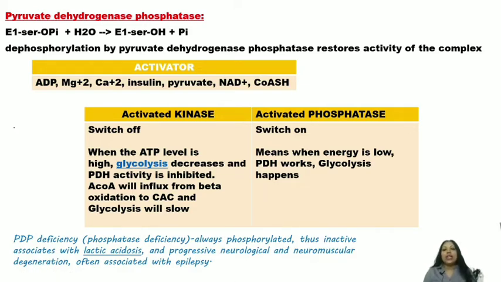For that we need NAD+ to regenerate, and for that we need lactic acid dehydrogenase to come and do this role. As a byproduct of that reaction, lactic acid is formed in the cell. So, if PDP is deficient, lactic acid formation occurs at a high rate, which causes lactic acidosis, and which will lead to progressive neurological and neuromuscular degeneration, and is often associated with epilepsy, correct?